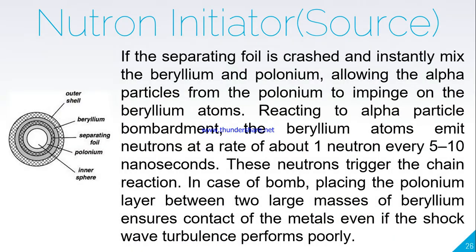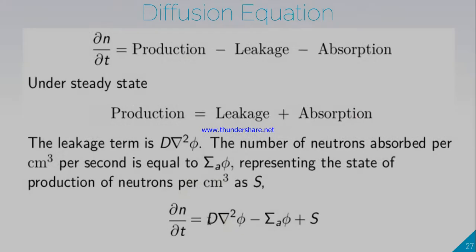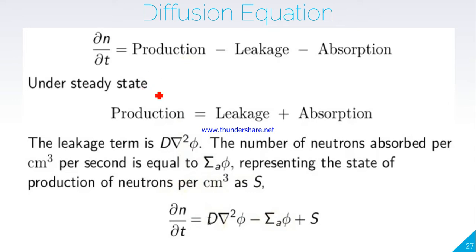From this concept you can establish the diffusion equation. This is the rate of change of neutrons with respect to time, which is nothing but the production minus the leakage and the absorption.